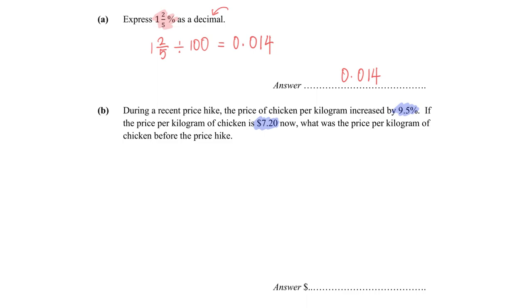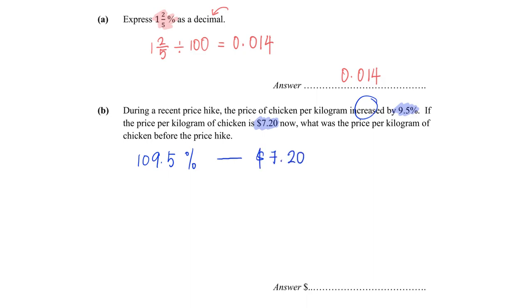So what then is the original price before the price hike? So the key question to ask ourselves is, how many percent does this $7.20 represent? It's an increase. And we are comparing with the price before the price hike, and therefore we are actually trying to find the 100%.